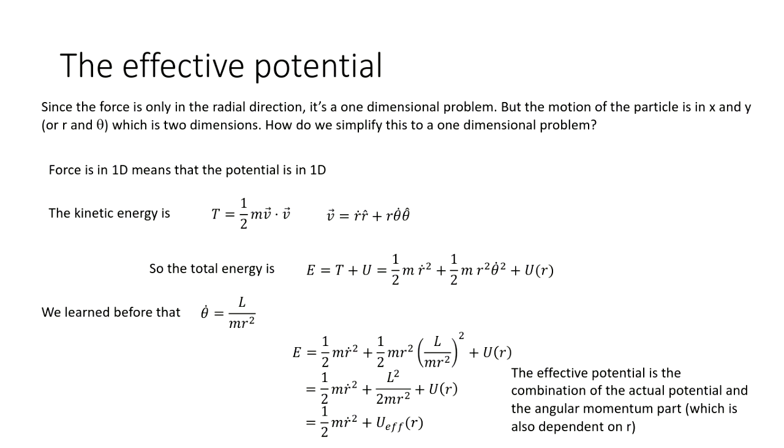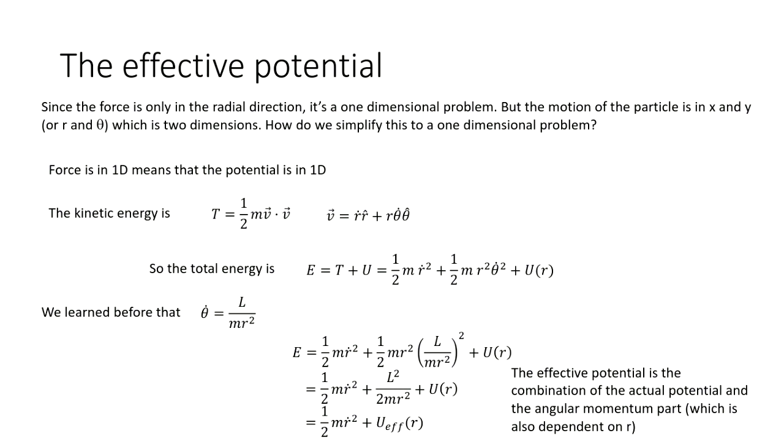And so we can substitute this definition for theta dot into our equation, and we get that the total energy is 1/2 m r dot squared plus 1/2 m r squared times L over m r squared, all squared, plus U(r). Some of those r squareds cancel, some of that m cancels, and so what we're left with is 1/2 m r dot squared plus L squared over 2 m r squared plus U(r).